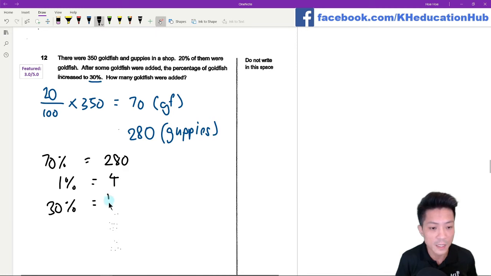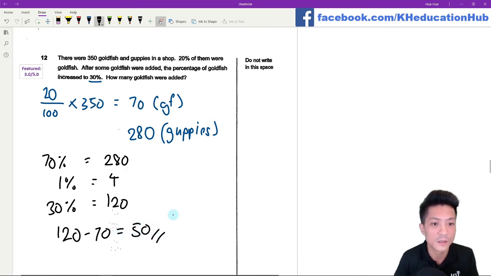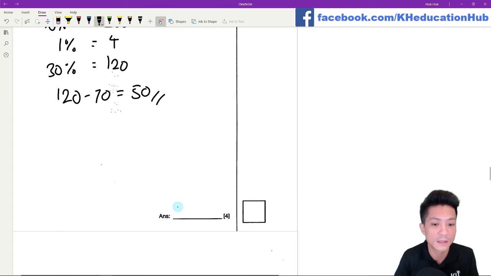That will give us 120. Okay, so they're asking how many goldfish were added. At first there was 70, in the end there's 120. So 120 minus 70 is equal to 50. Okay, so 50 goldfish were added.